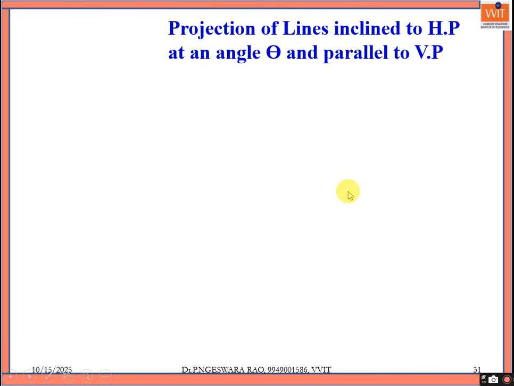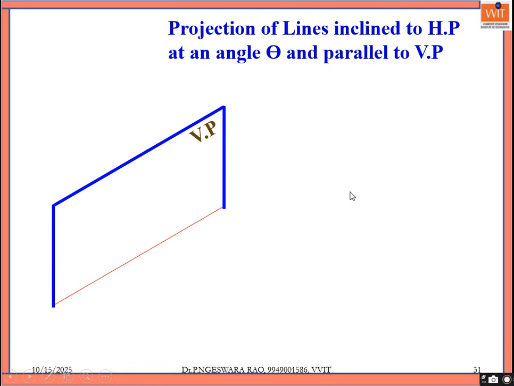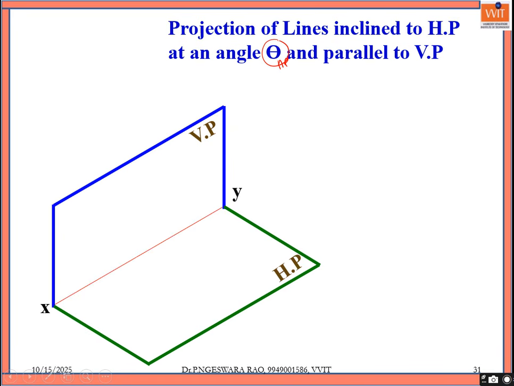Let us say the angle with HP is, as we standardly assume, theta. So this is a possible condition: theta is the inclination to HP. Now in the front view, what is the image?